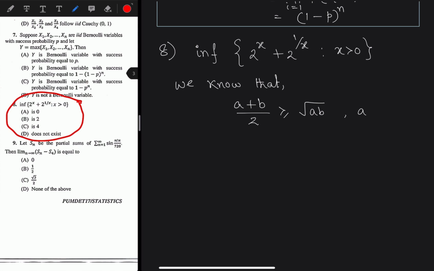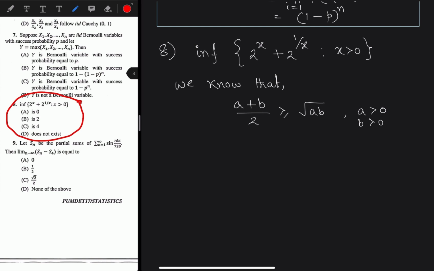Okay, so a greater than 0 and b greater than 0. Now here 2 to the power x and 2 to the power 1 by x both are greater than 0, as x is greater than 0 and 2 to the power any quantity, which can be positive or negative, is always positive.